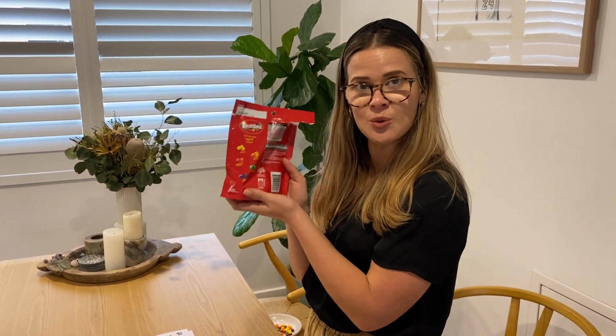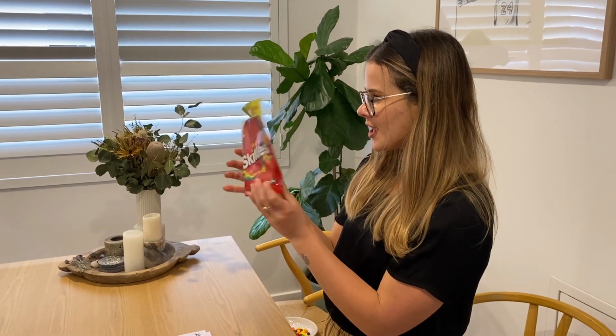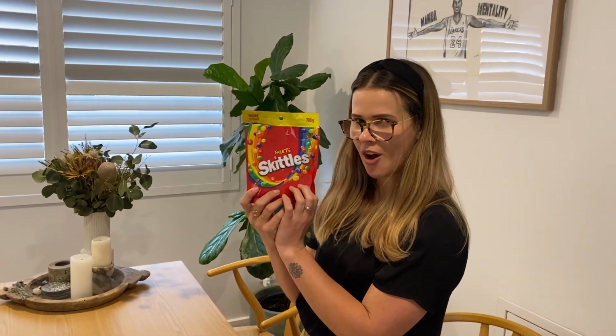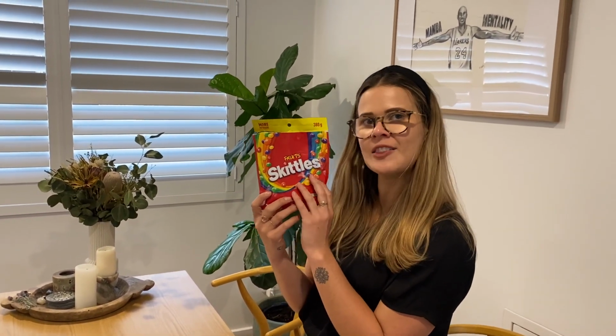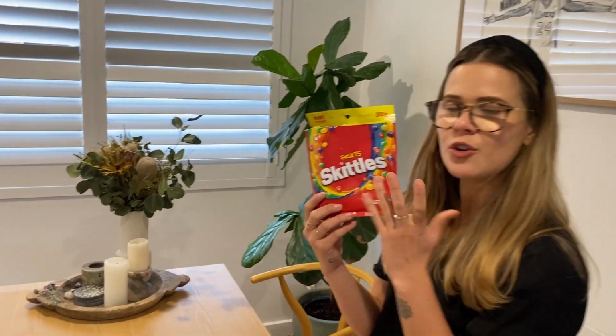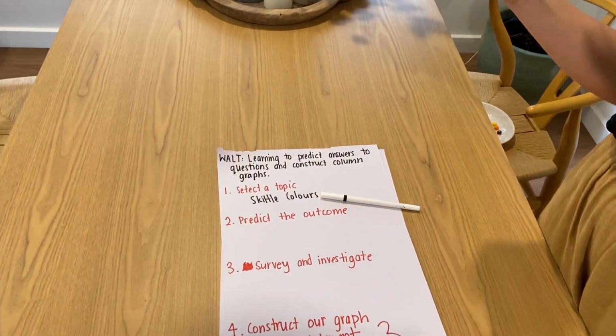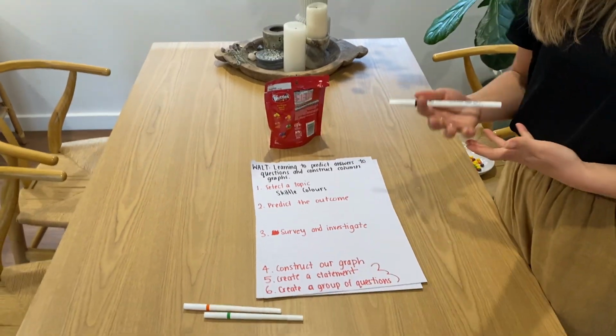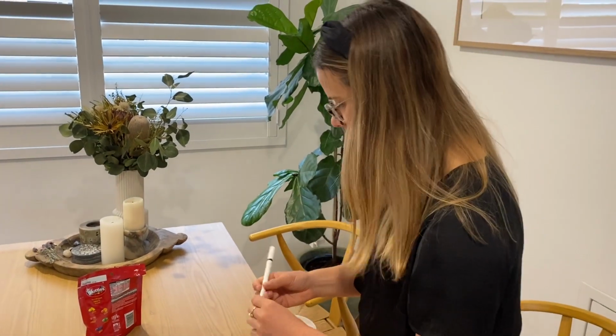So that means that there's 5 different colours that could potentially have the most Skittles in here. Now, when I think about Skittles, I really like the grape flavour. So I'm going to say that in the packet there is majority grape. You might think about maybe when you've eaten Skittles in the past that when you've looked at them there might seem to be more green colour, so you might say that green apple. But you need to come up with that statement yourself.